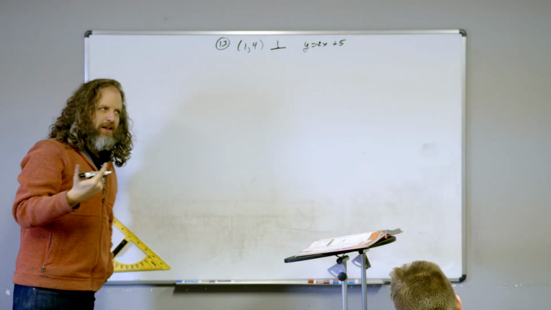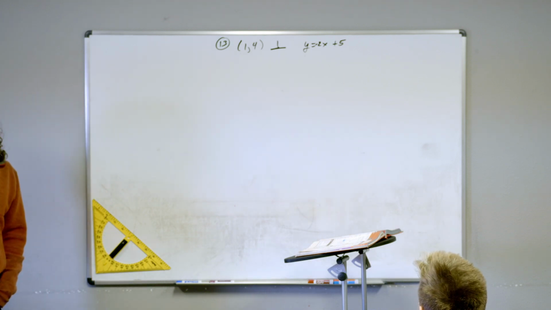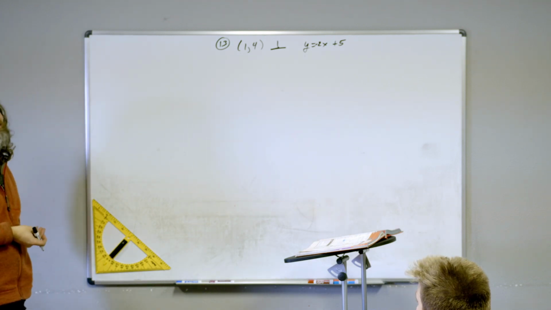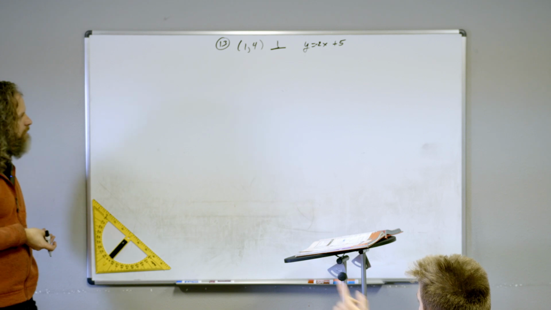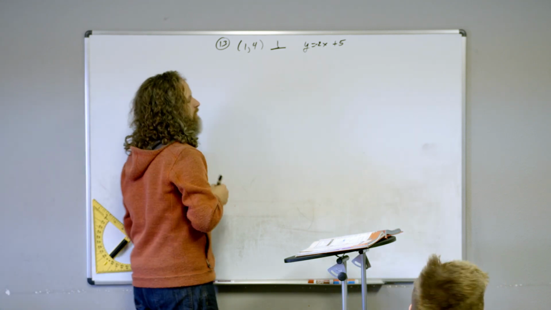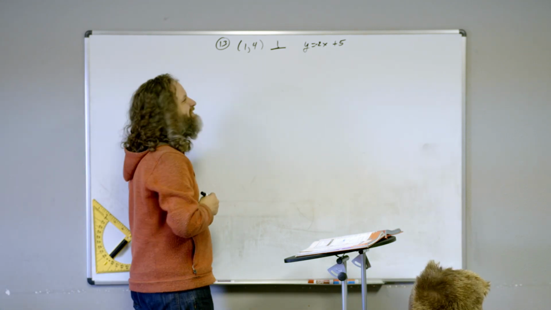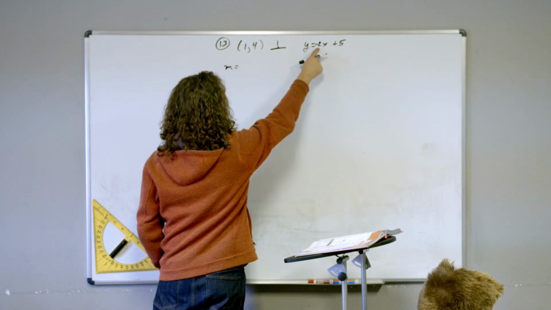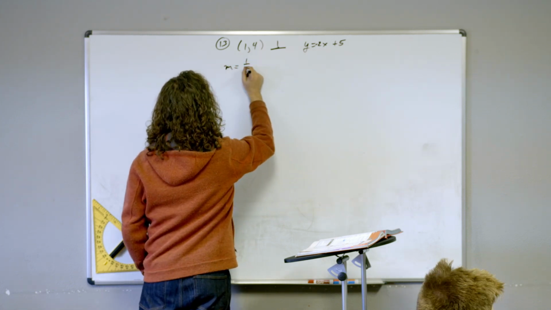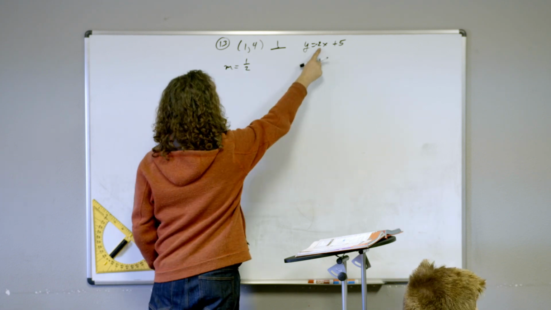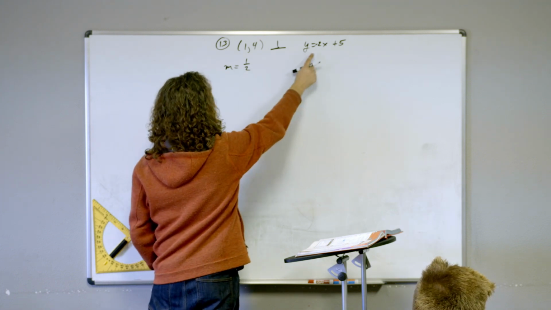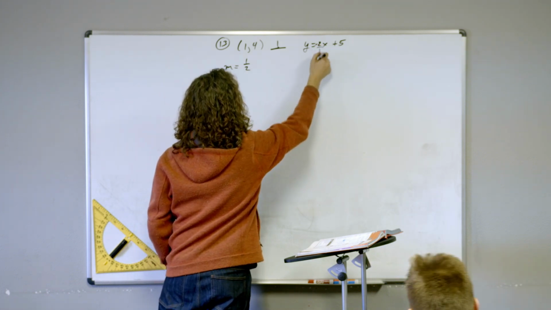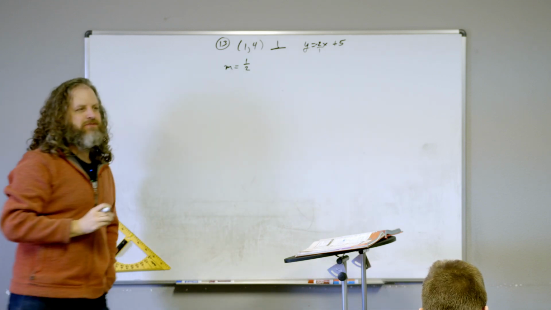So the fact that our line is perpendicular to that line, what does it tell us? The slope is the opposite reciprocal. Our slope is the opposite reciprocal of this, which would be positive 1/2. Opposite means the opposite sign, so positive. Reciprocal means this flipped over. 2 over 1 flipped over is 1/2.